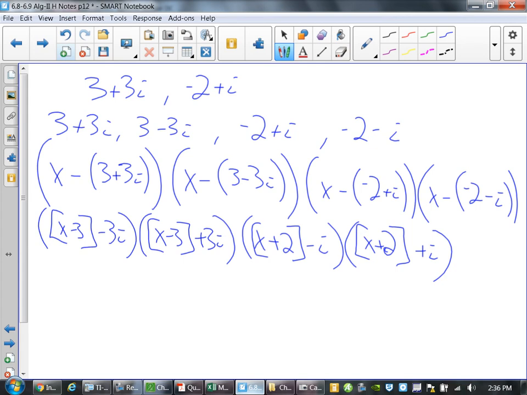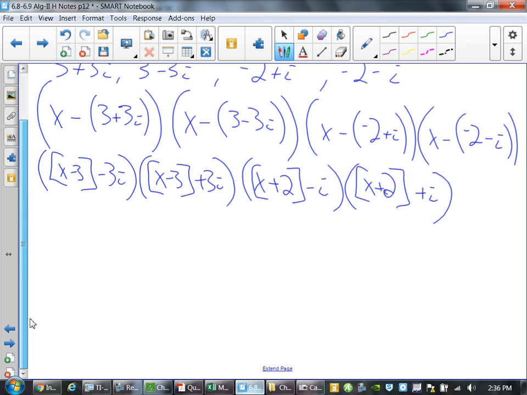All I did there was distribute out my negative each time. And now I set myself up for difference of squares for both of them. I'll have to take the quantity x minus 3 squared minus the quantity 3i squared, and the quantity x plus 2 squared minus the quantity i squared. That was the trick to doing these.